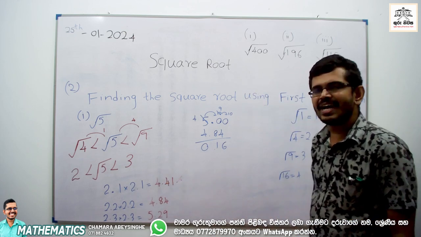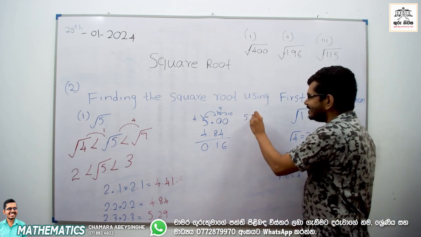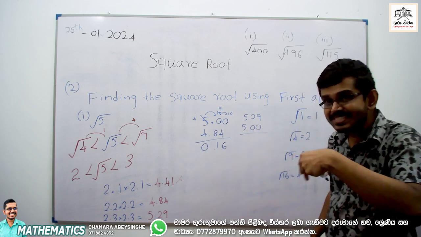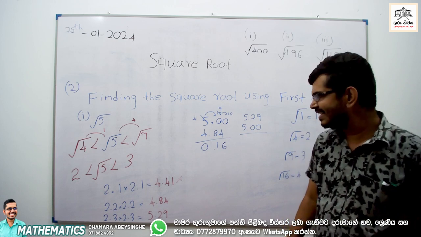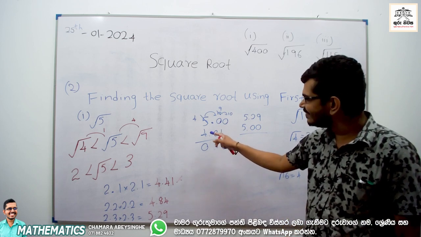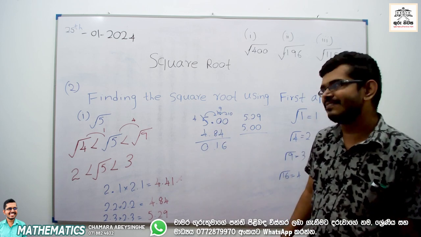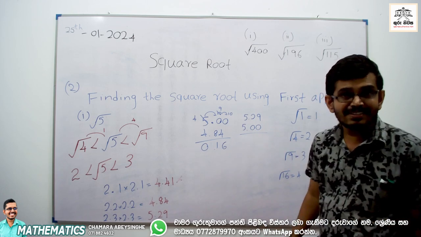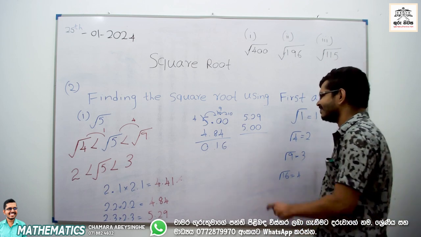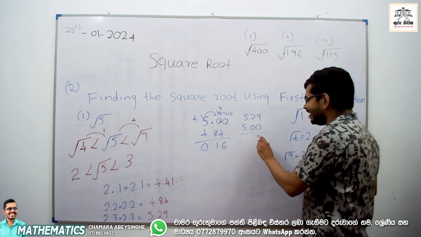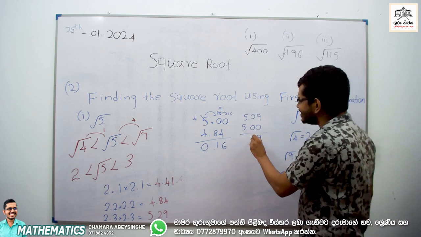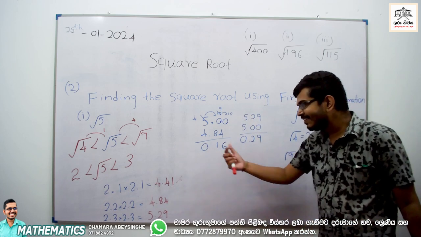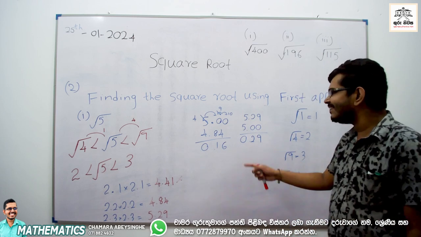And 5.29, student: 5.29 subtract 5.00. We always subtract from the largest number. Earlier the largest number was 5, so we subtracted 4.84 from it. Here 5.29 is the largest number, so we subtract the smaller number 5 from it. 9 subtract 0, 9. 2 subtract 0, 2. 5 subtract 5, 0. 0.16, 0.29.